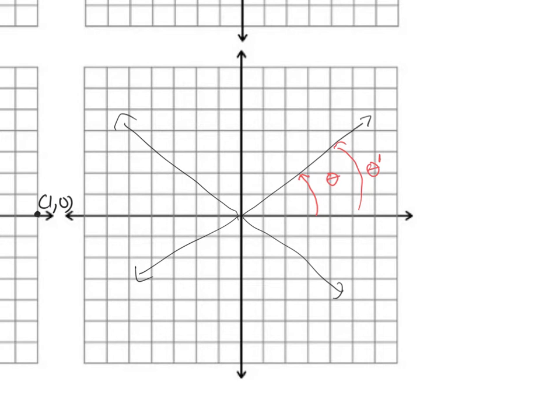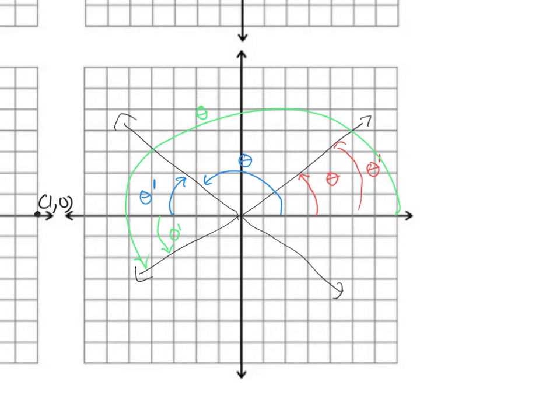If I drew a different one, if this is our theta, our reference angle would be that one. Let me do a different color. If I drew another one all the way on the outside, theta, not our original angle, our reference angle is this one, this small one right here.